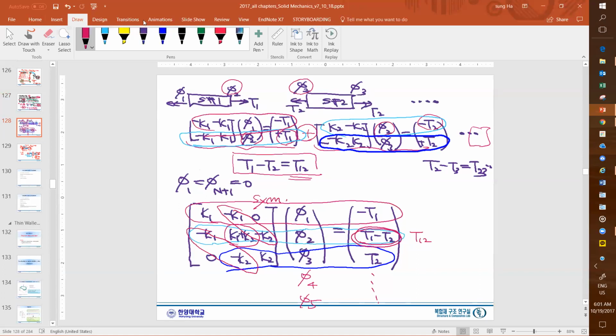So as you can imagine, if we add Phi4, there will be another term plus K3, and this will be T2 minus T3, and this will be T2. Instead of this, we will have T3, and so on. Right? You can imagine how all these equations are combined then.